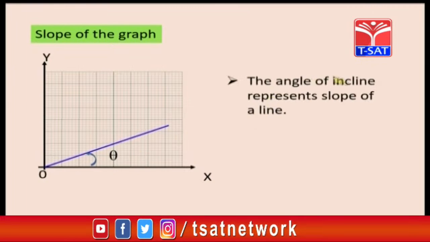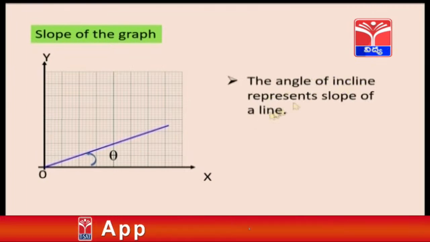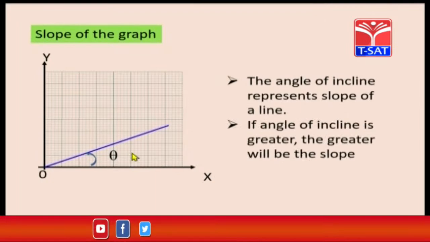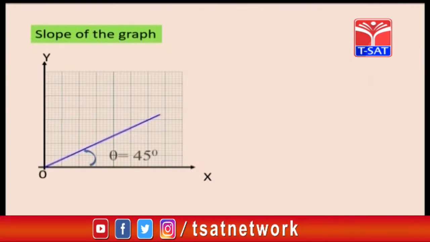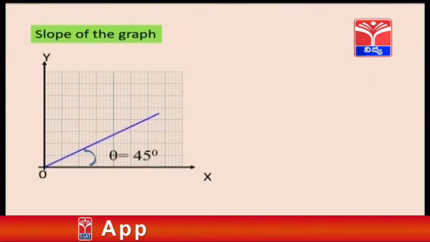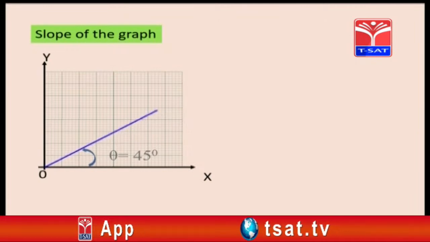So the angle of incline, what is meant by angle of incline? The angle made with the x-axis is known as the angle of incline, and it represents the slope of a line. If this angle of incline is greater, the slope will be greater. Observe here. When the angle is increased a little bit, the slope of the straight line is also increased.